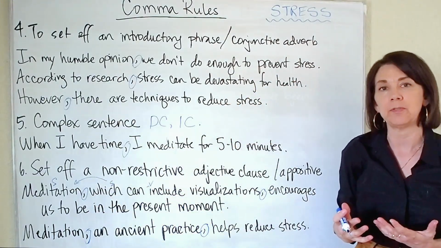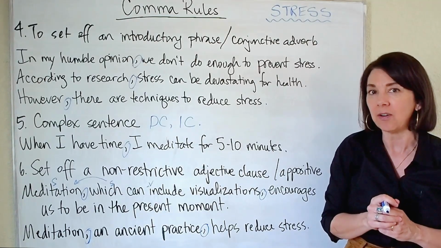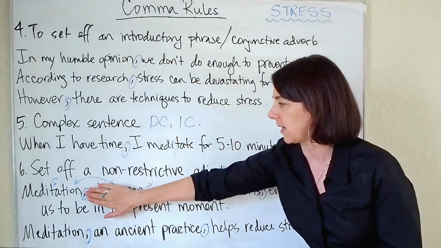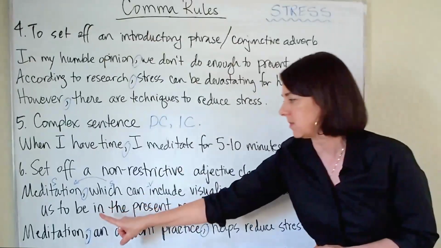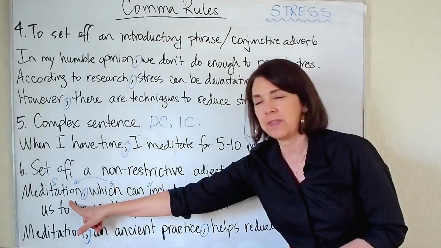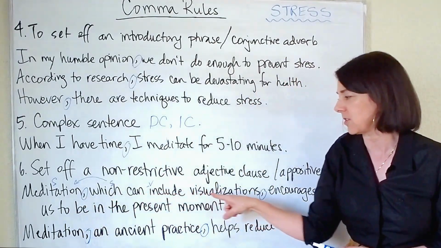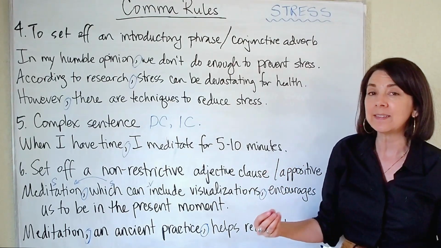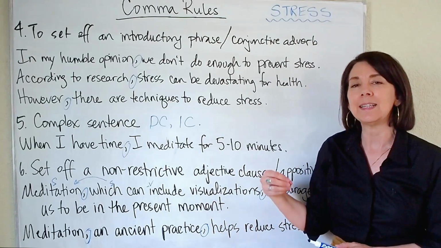It gives more information about meditation, but if we take it out, we will still understand the sentence. So let's try to take it out. Meditation encourages us to be in the present moment. Do we still know what this is? Yes, we do. That means that this adjective clause is not necessary. It's nice, it gives extra information that we like, but it's not essential.